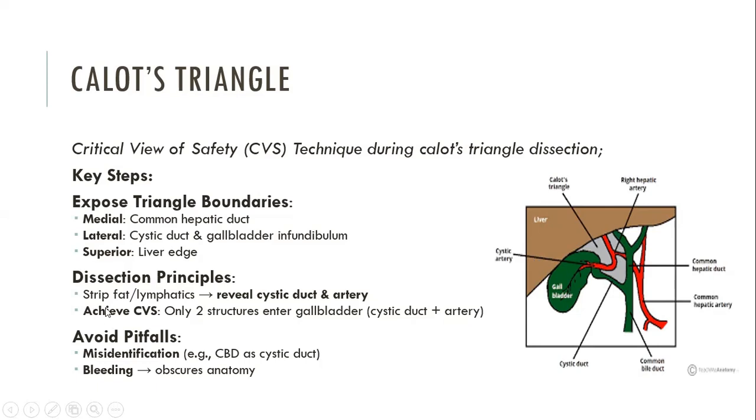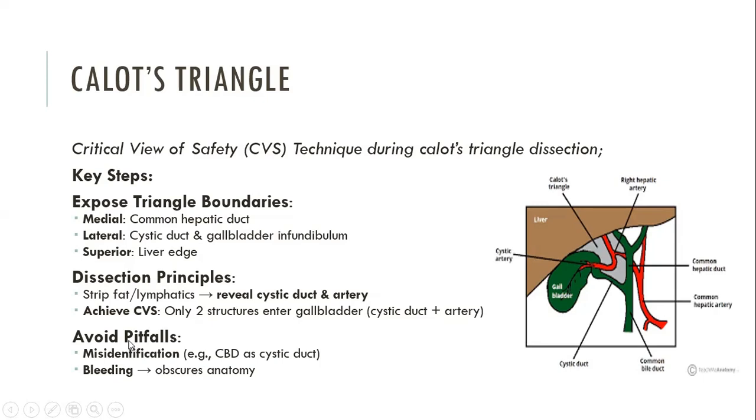So, what are the dissection principles? Basically, you have to strip the fat or lymphatics, and you have to reveal the cystic duct and cystic artery, right? These are the important structures. You have to reveal them, and you have to achieve CVS, that is the critical view of safety. Only two structures enter the gallbladder, that is the cystic duct and artery.